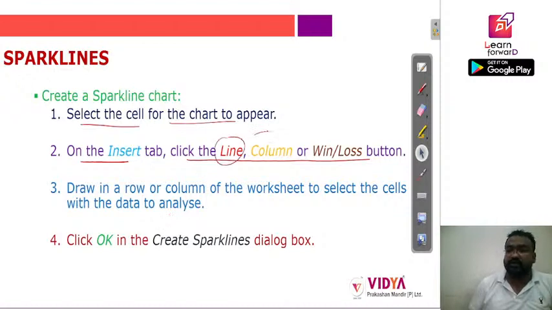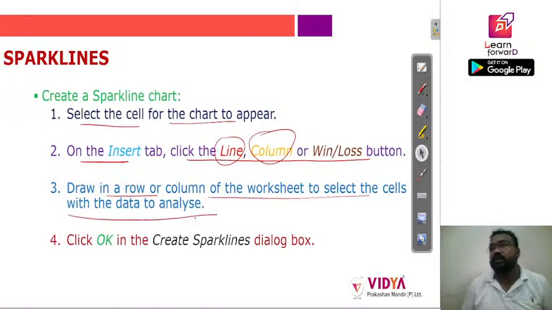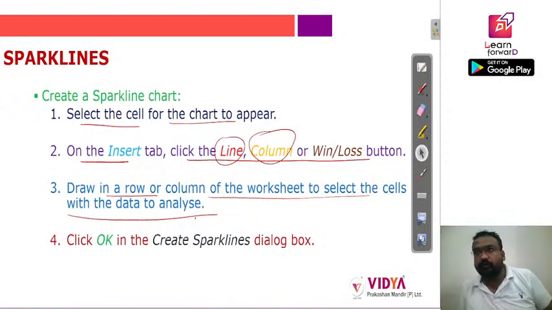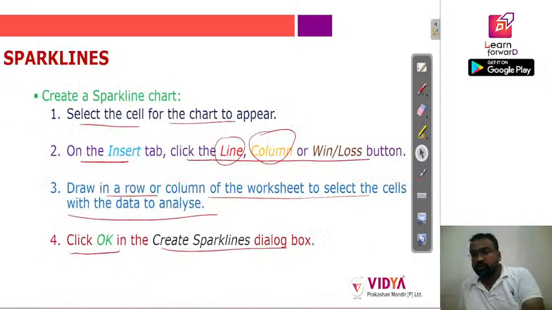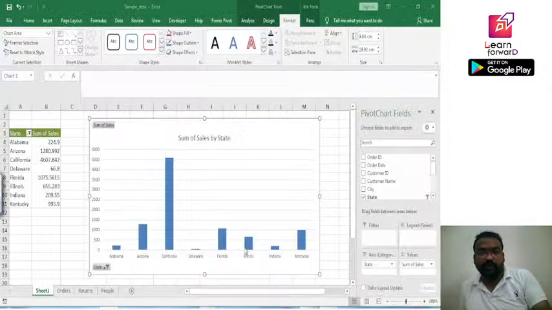Then we select the row or column of the worksheet with the data to analyze. A dialog box will appear asking what the range of our worksheet is. Then we click OK in the Create Sparkline dialog box, and your Sparkline would be added.